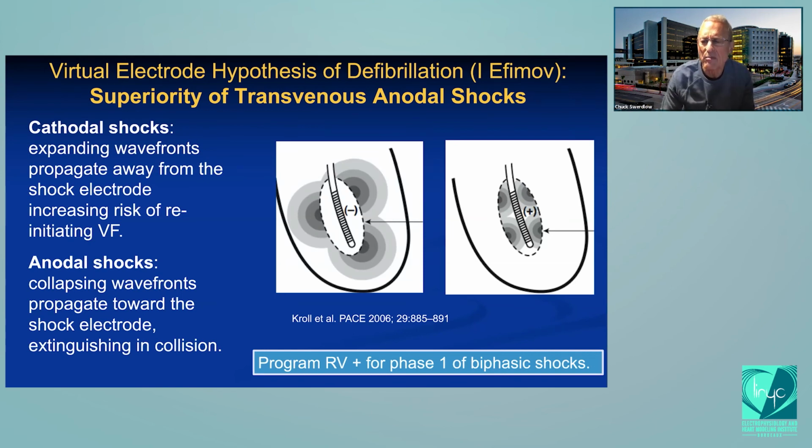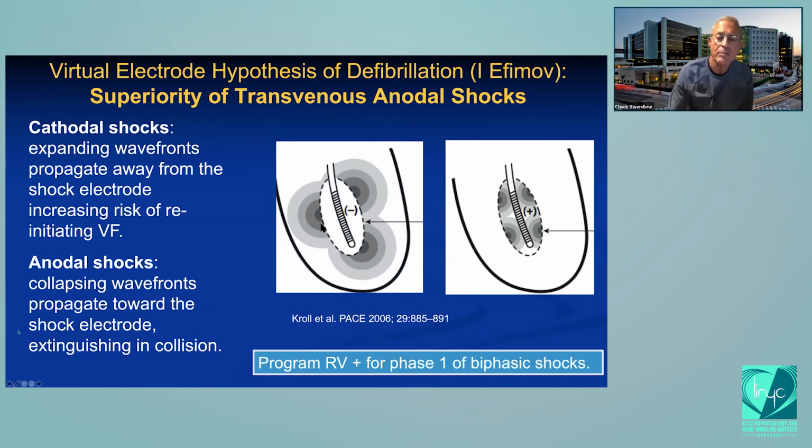But one of the clinical implications of that, even if you don't follow all the math, is that in a biphasic shock, if you make the right ventricle anodal, the virtual electrodes that you start in the tissue... Dr. Efimov taught you that virtual electrodes mean that if you have heterogeneous tissue, there are areas of opposite polarity that form distant to the electrode.